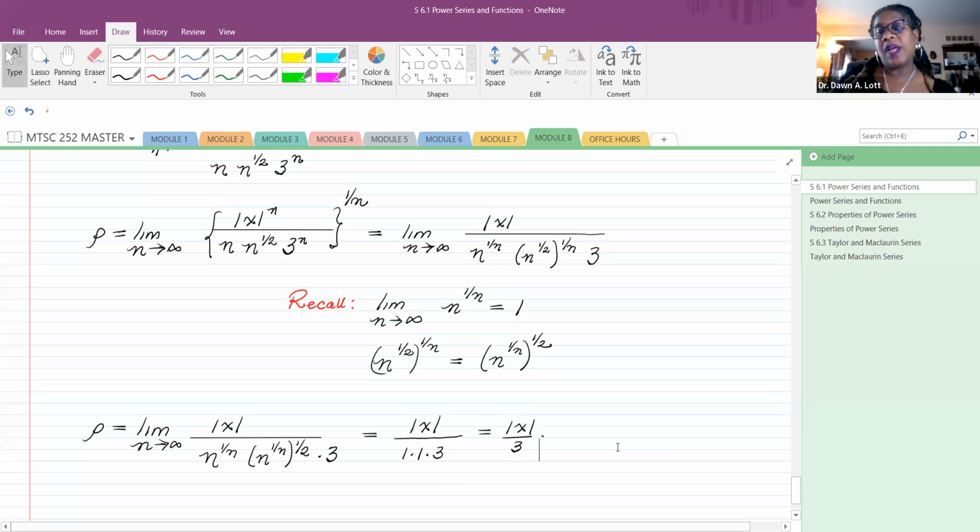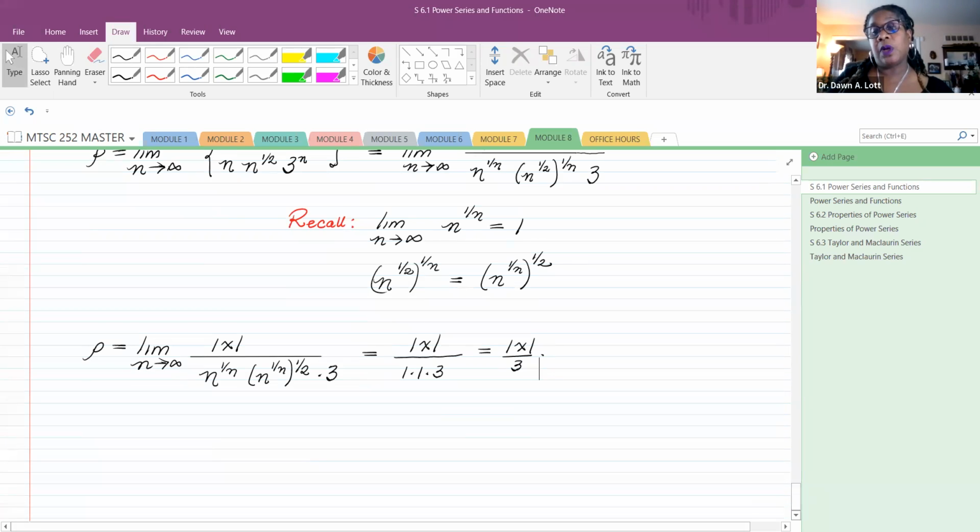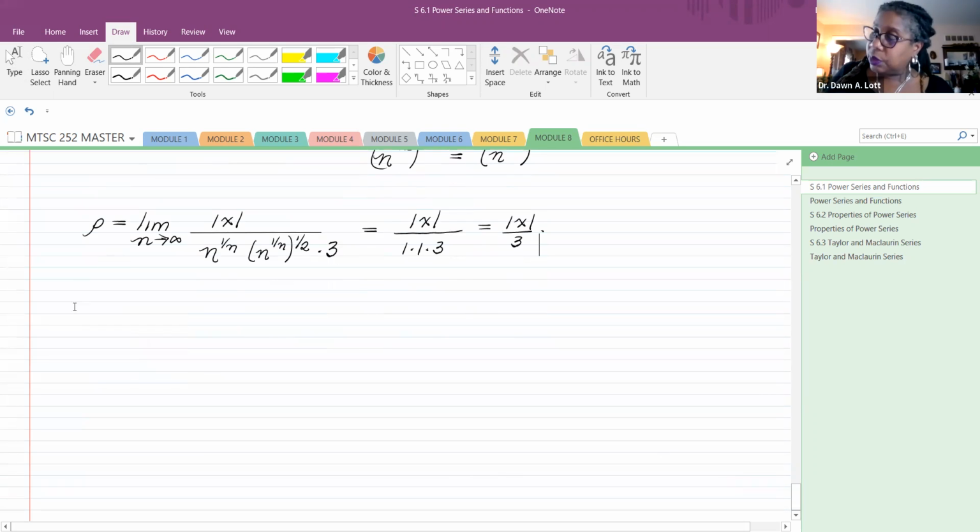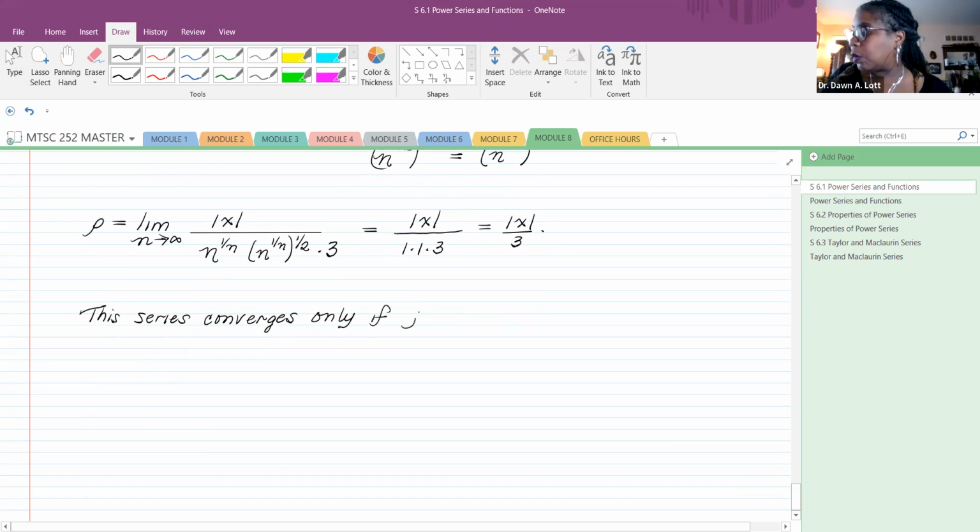Now I have done the root test and I have found rho. This series converges only if rho is less than 1.